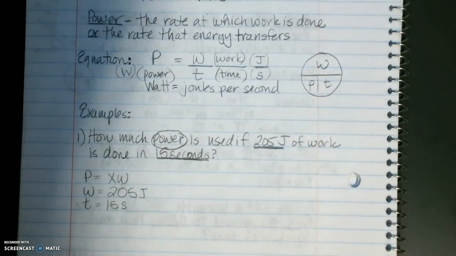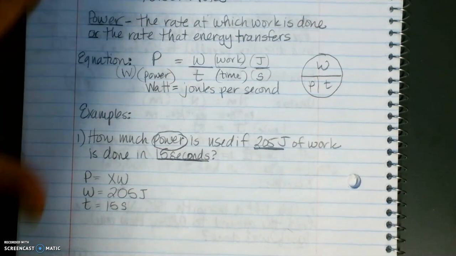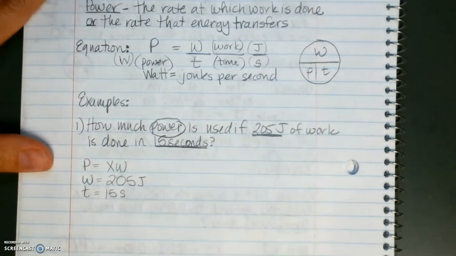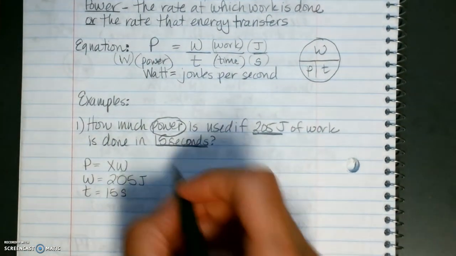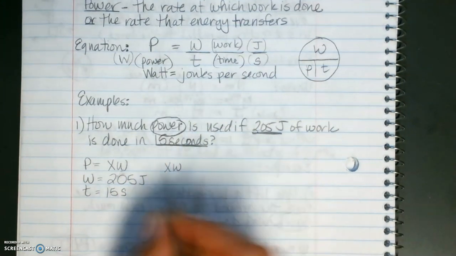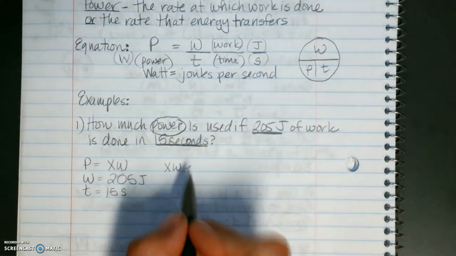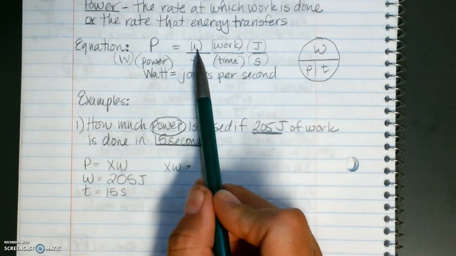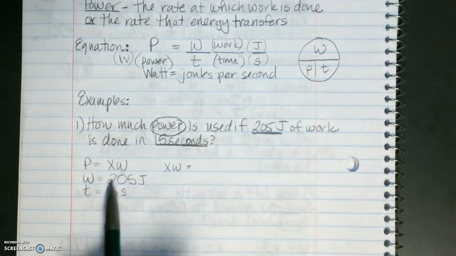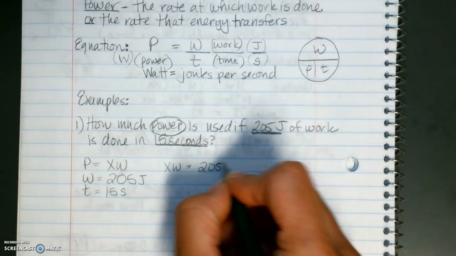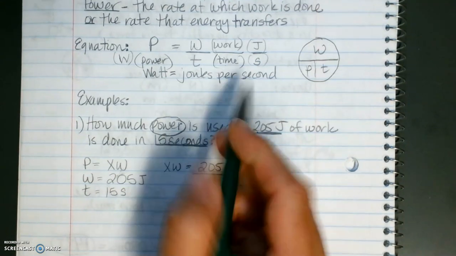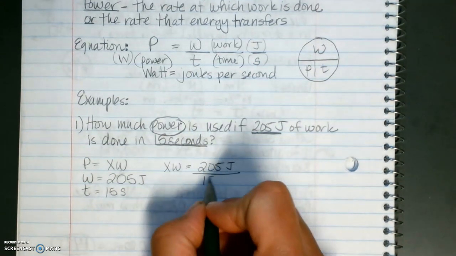Okay, so I'm using the base equation, which is power equals work divided by time, since I'm looking for power. So I'm going to plug it in. Power is going to be X watts, or W, equals, now my W up here stands for work, so my work is 205 joules, and I'm going to divide that by my time, or T, which is 15 seconds.